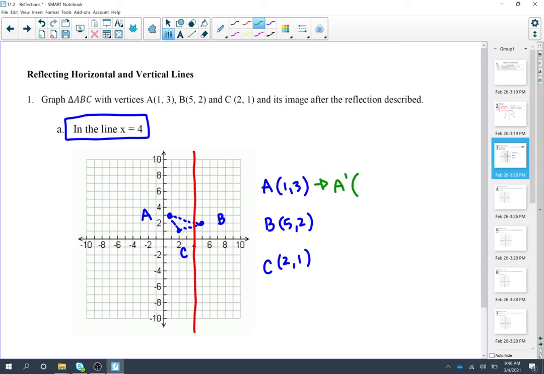This is 1, 2, 3. So when you reflect 1, 2, 3, A prime is going to flip over there. Now C is only 1, 2, so we're going to go 1, 2, and he's going to be C prime. And then B is on the right end, so he's got to reflect over to the left, and he's 1 away, so he's going to reflect over here, and that's going to be B prime.